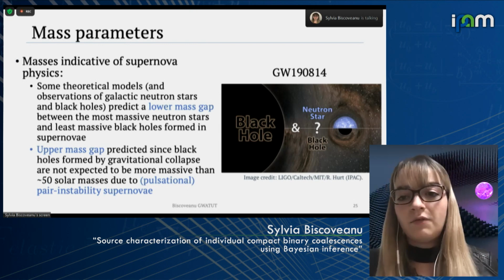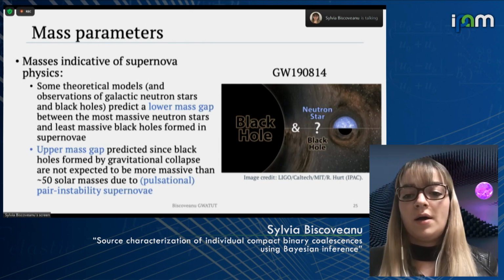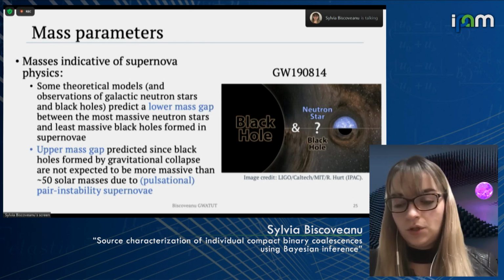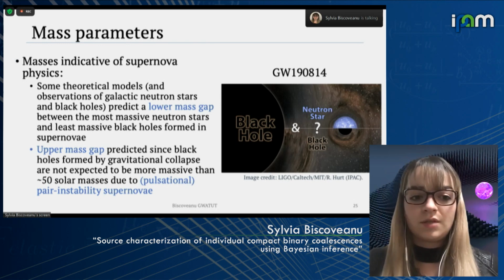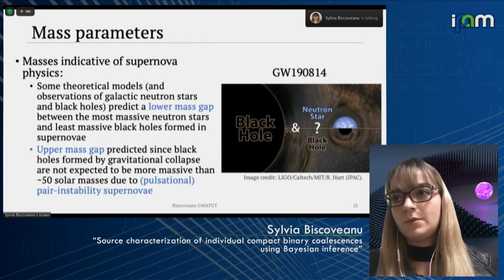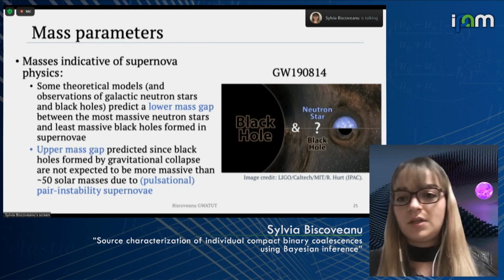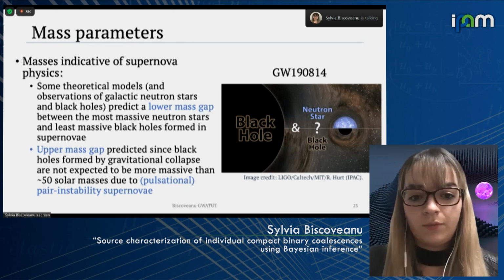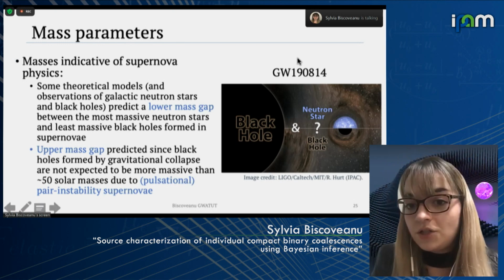Again, this varies based on the equation of state that you assume, but it's around 2.2 solar masses, and this is also consistent with observations. And then, the least massive black holes that have been observed in the galaxy are around 5 solar masses. So there should be this region between around 2.2 and 5 where we don't see any compact objects. And this is already being challenged.